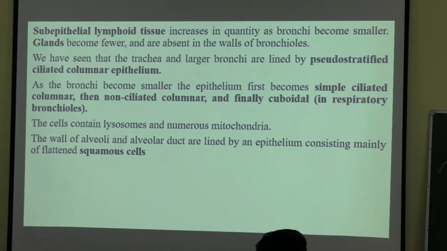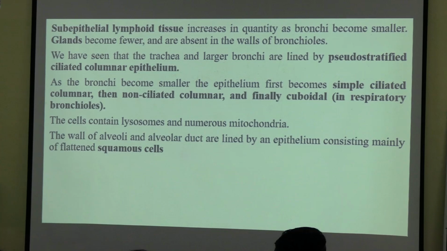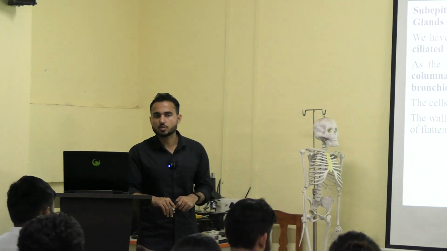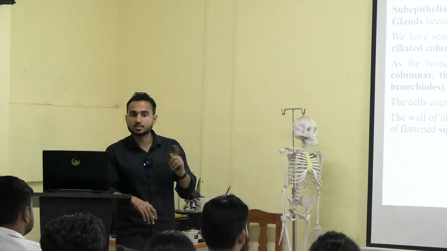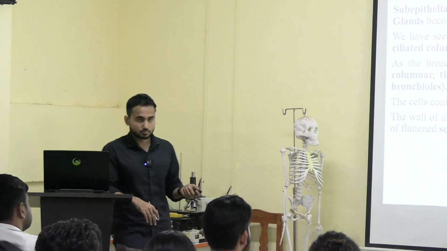In the trachea, I have shown you the glands in the submucosa, serous and mucous glands. In bronchioles these are absent. I am mentioning this because it can be seen under the microscope. Please note that point.